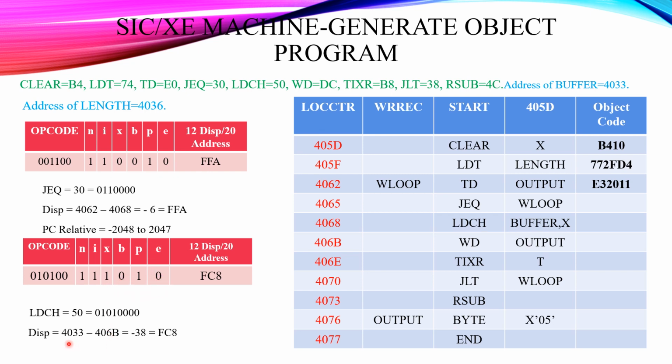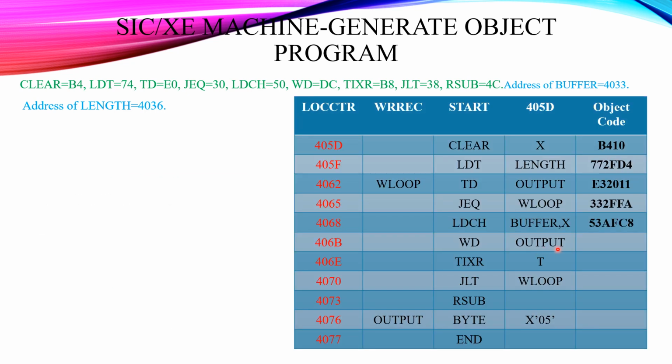We have to find the displacement, where the address of the buffer is given as 4033 minus the next instruction address, which is 406B. That gives minus 38. We have to convert it to hexadecimal, we'll get minus FC8. So while grouping in 4 bits, we'll get 53AFC8.